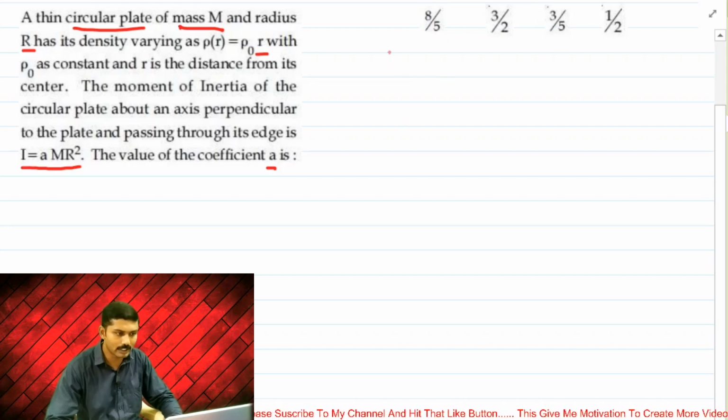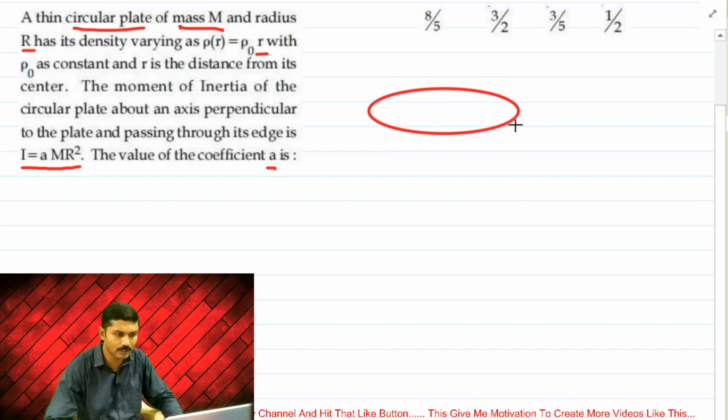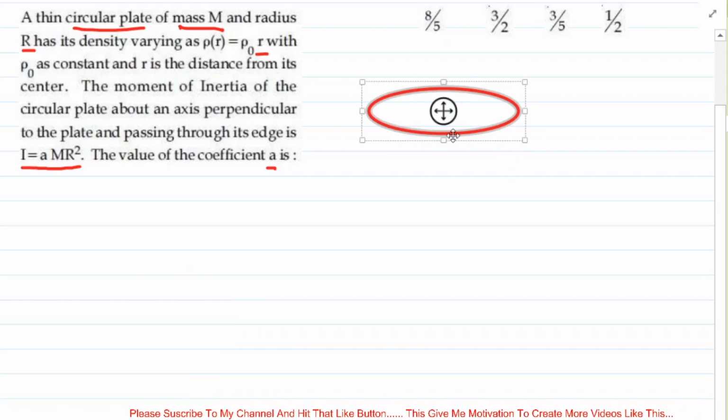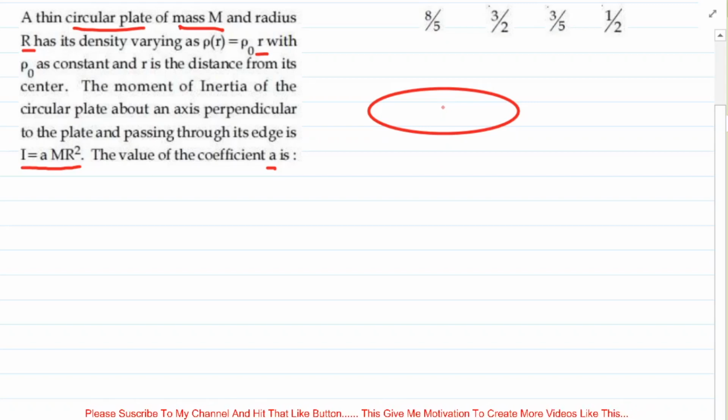So let's analyze this question and try to draw a figure for a circular disk. This is your circular disk, and let's find out the center. Let's imagine that this is the center. If I draw the axis of rotation of this particular disk, it will pass through the center of the disk.